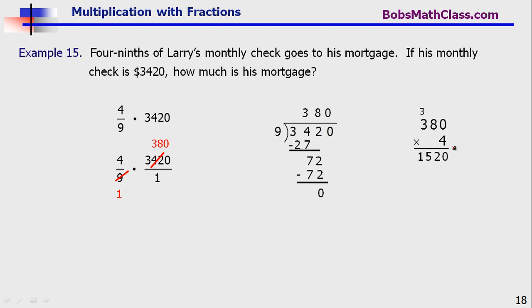And you'll get 1,520. Does that sound reasonable for somebody's mortgage? Yeah. 1,500 bucks. Probably a house at about 200 plus thousand, 240,000. It all depends on the interest rates also.